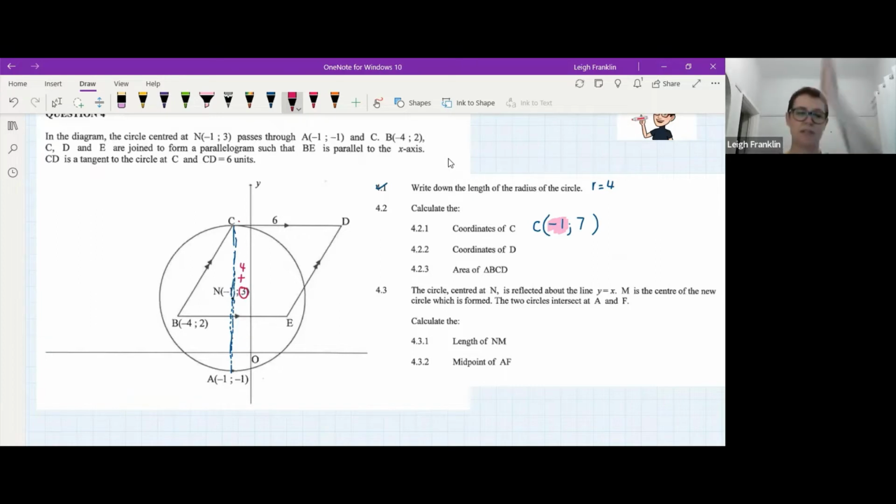So if C is in the same vertical line as N and A, another 4 units up, and then we will have the coordinates at C. So that's where it comes from. Now that we have the coordinates at C, we need to work out the coordinates at D. Let's see what's happening in the chat.